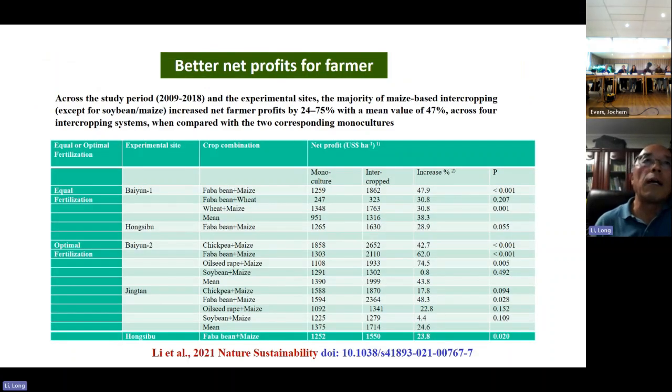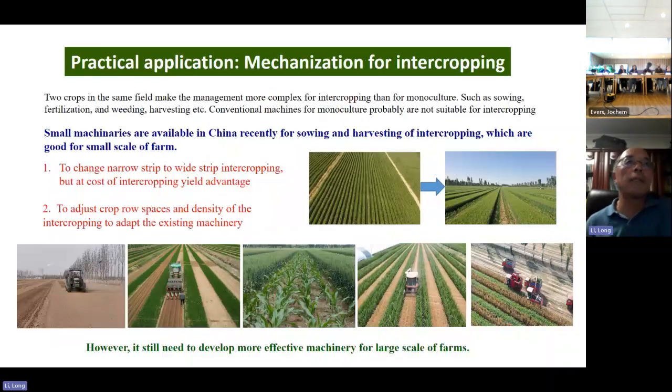We also found better net profit for farmers by intercropping. I would not go into the detail about that.